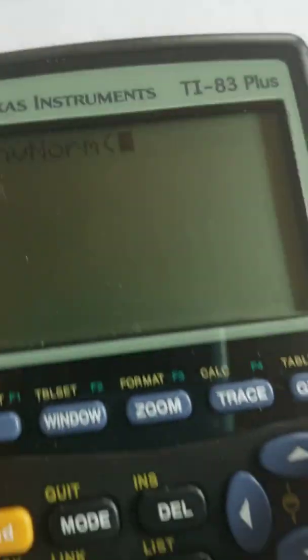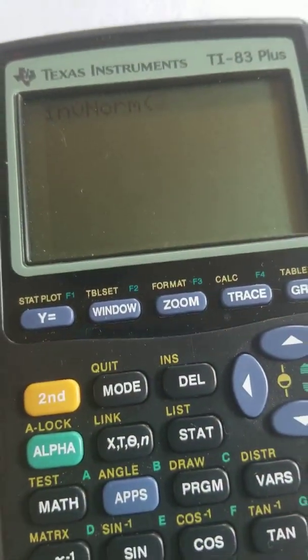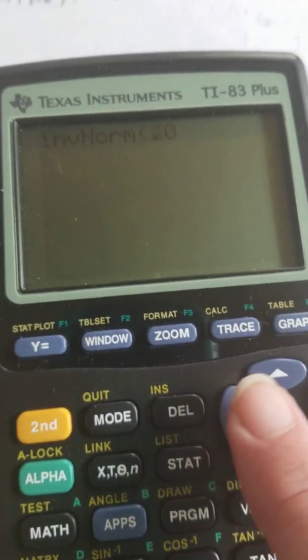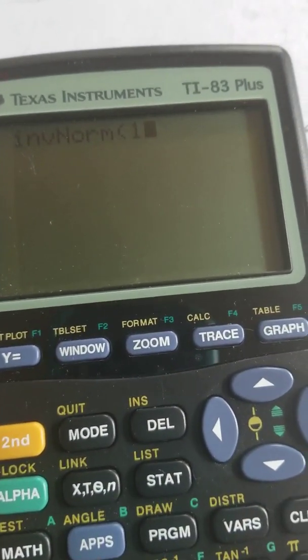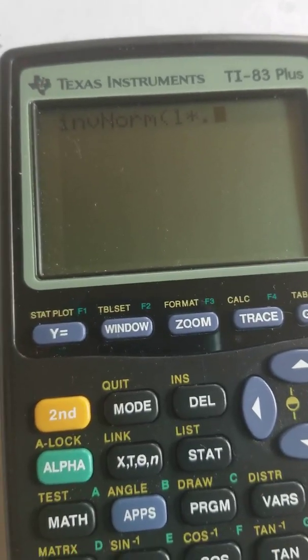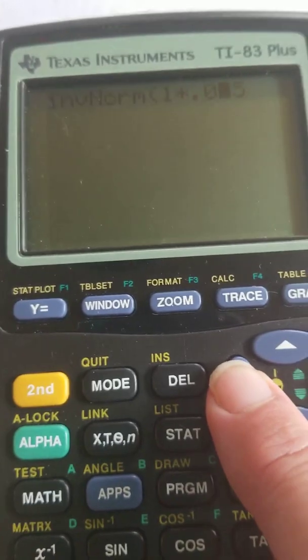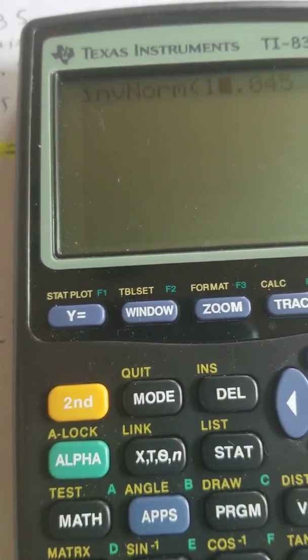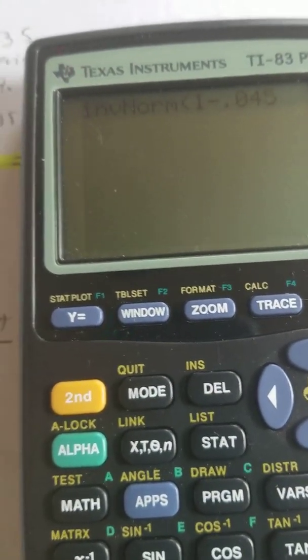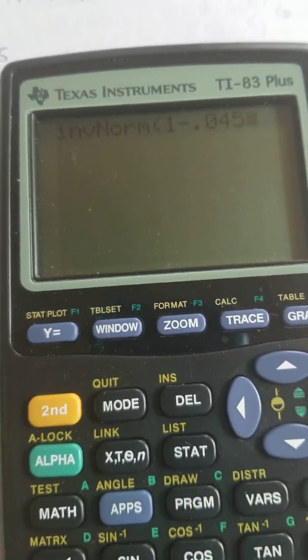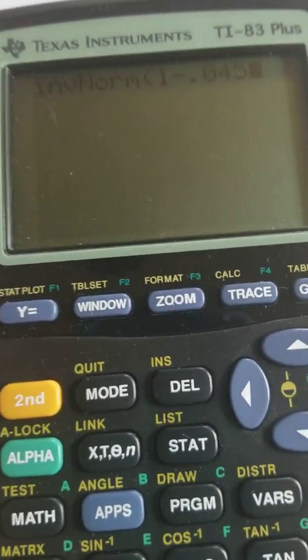Okay, so right here we enter, I'm sorry, I messed that up. We enter 1 minus 0.045. And I'm trying to look at the phone instead of my calculator, and I hit the wrong button. 1 minus 0.045. And after that, we do comma the mean, comma the standard deviation.